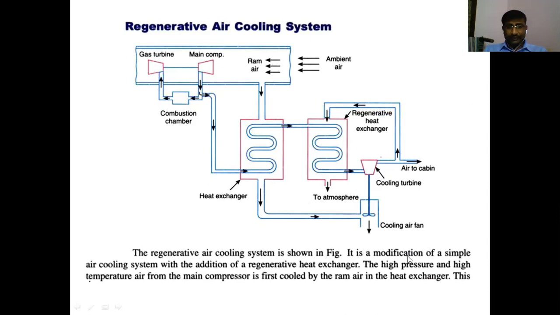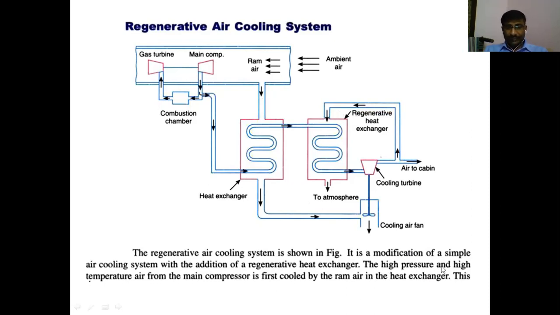This regenerative air cooling system, shown in the figure, is a modification of the simple air cooling system with the addition of a regenerative heat exchanger. If the regenerative heat exchanger is not there, it is very similar to the simple air cooling system. If ram air is utilized in the second heat exchanger, it is very similar to the bootstrap system.